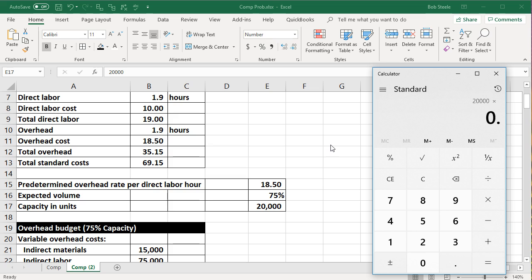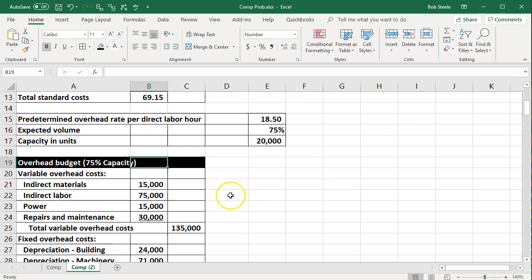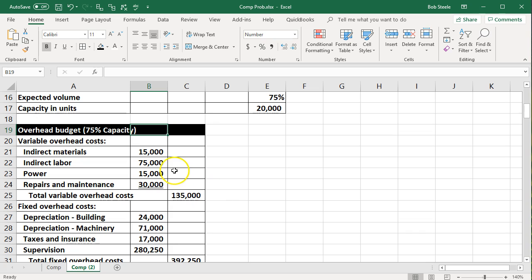If we were to max out our production, we would have 20,000 total units. We're producing at 0.75 of capacity, or 15,000. So that's what we're expecting to be producing, 75% of total capacity. And then we have the overhead budget at 75%. So this is what we budget to happen at that 75% of capacity.